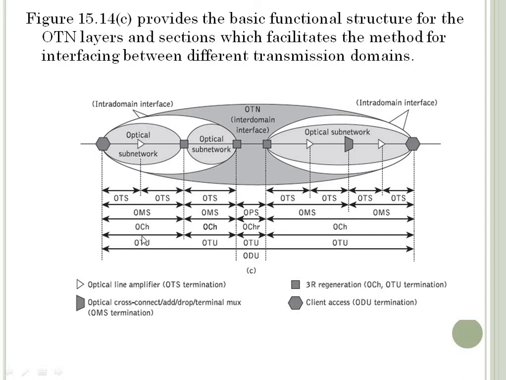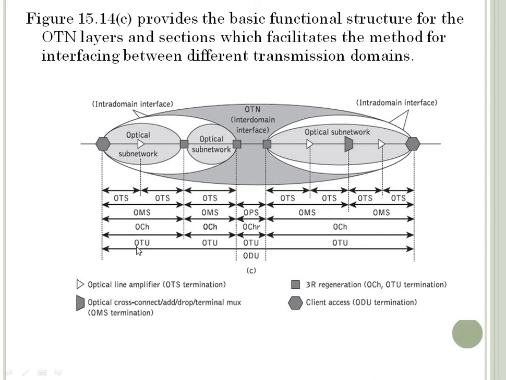So the OCH layer is employed in the OTN structure in order to get access for end-to-end networking of optical channels to transparently convey user information, and it also ensures connection rearrangement for flexible routing.